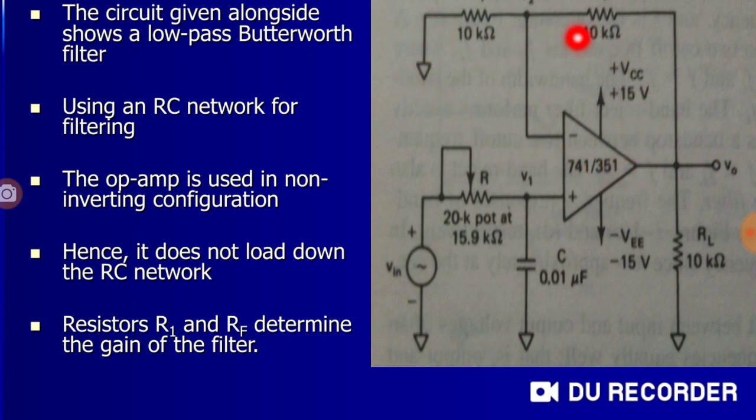So effectively these two resistances ensure the gain of the filter, the non-inverting amplifier gain that we talk about, op amp's gain in the non-inverting configuration. And the rest part, if you see, there is one R and C. So these are passive components that we talk about.